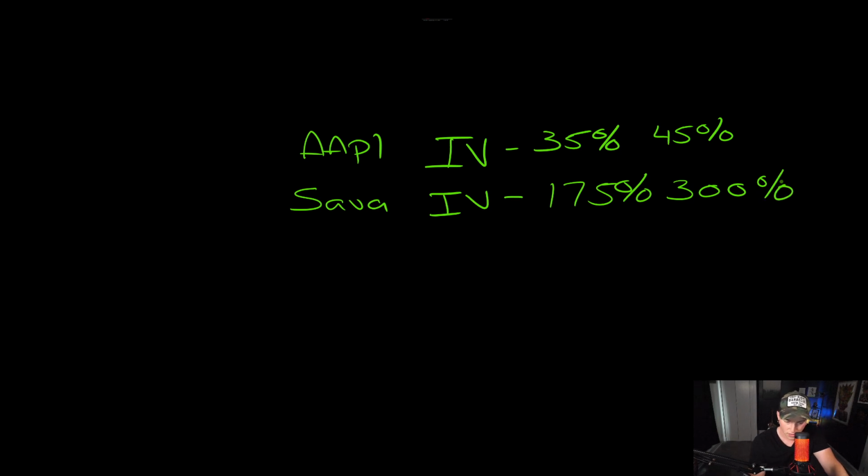Now, why is this important? Well, with implied volatility, you're going to have a contract price, or what we call premiums. So with a premium, that is going to be basically the price of the contract. And then you have to actually times that by 100.